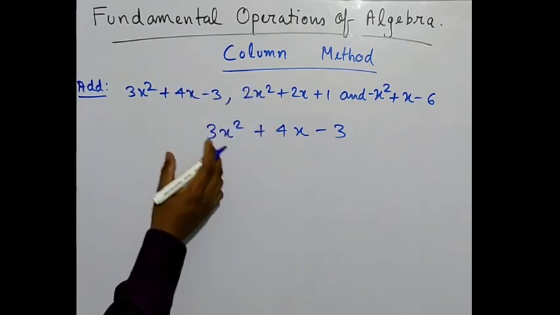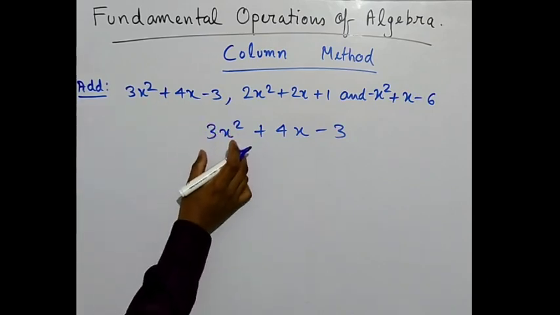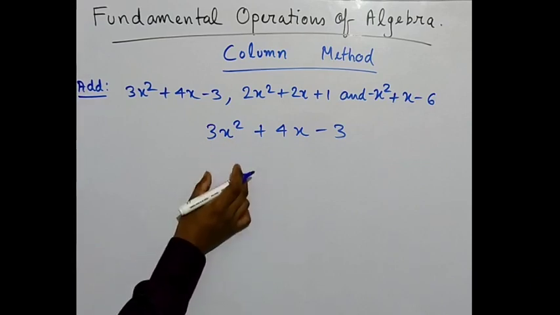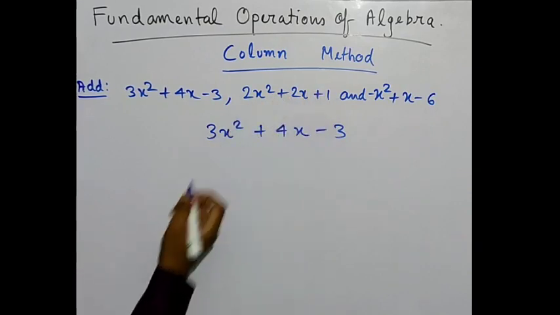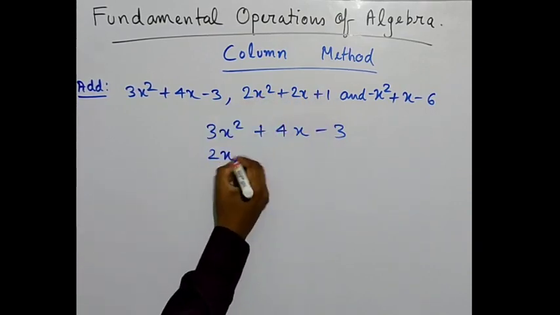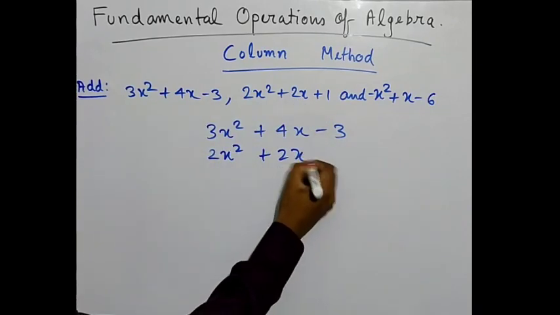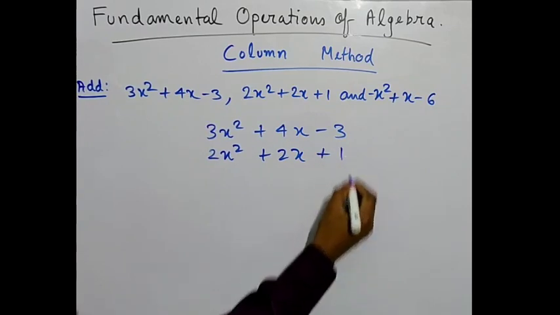Now we have to be careful with the terms. So if 3x square is written here, then you have to write a like term for 3x square just below it. So what is the like term that we can write in the next algebraic expression? 2x square. Then for 4x it will be 2x. And then for negative 3, constant term, so we'll have positive 1.